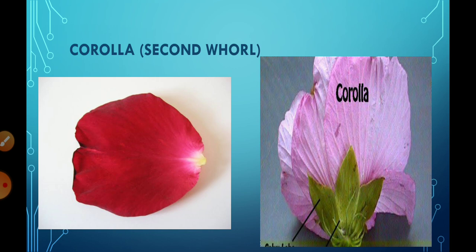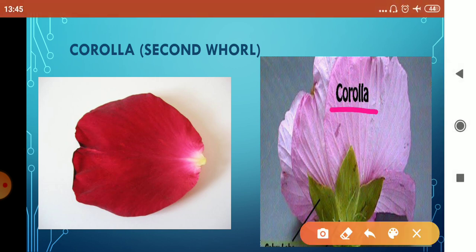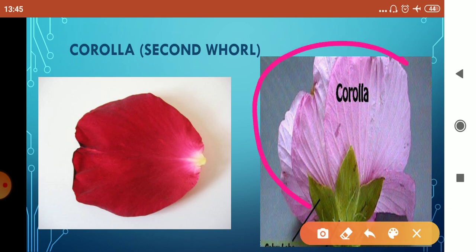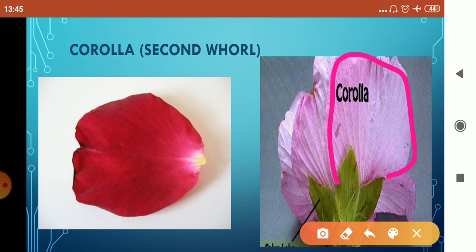The second whorl of the flower is called corolla, and the unit of corolla is called a petal. Children, you can take a look at the right hand side of the slide. This entire purple colored part is called a corolla. But if you remove a particular structure from here, like this part, it is called a petal.